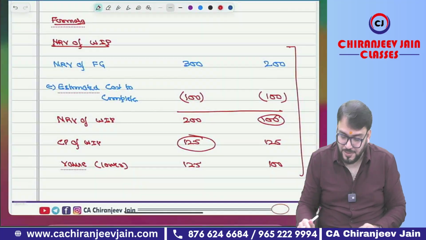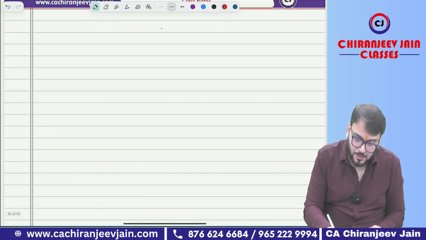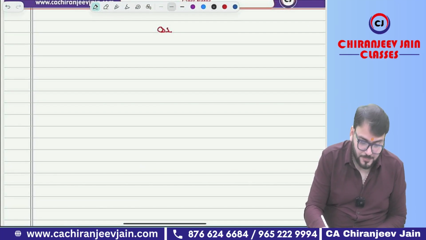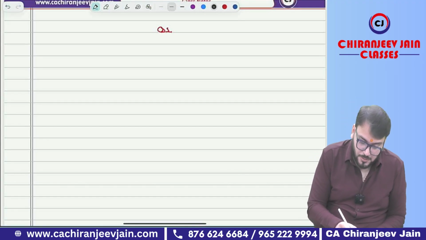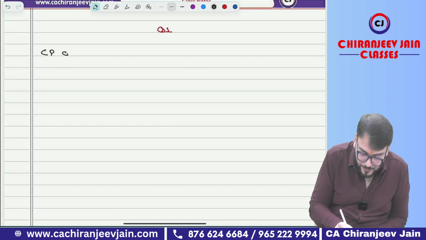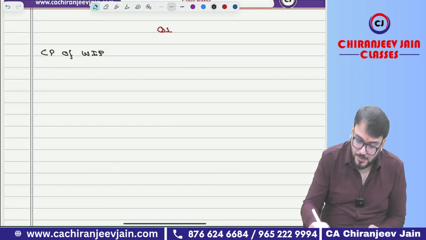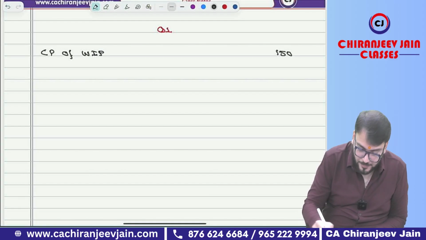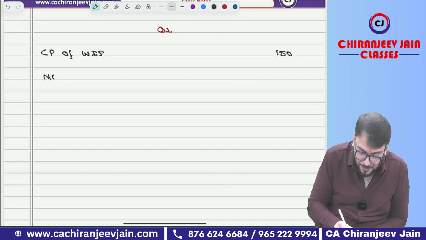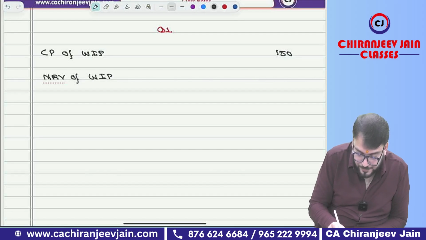So we are doing question number 1. What is the cost price of work in progress? That is 150. Now I'll find out NRV of WIP.